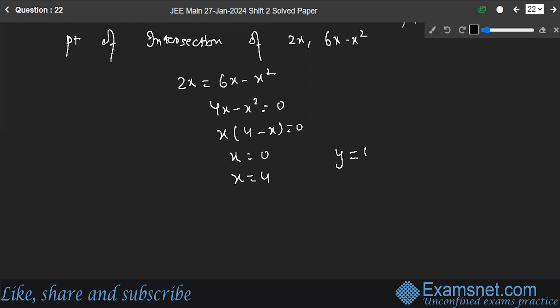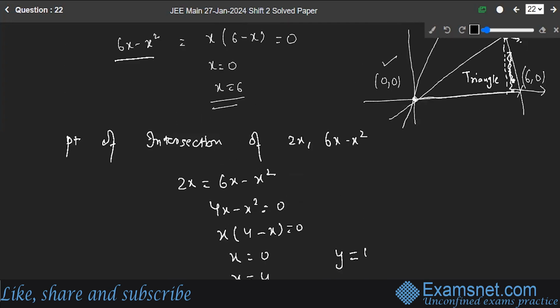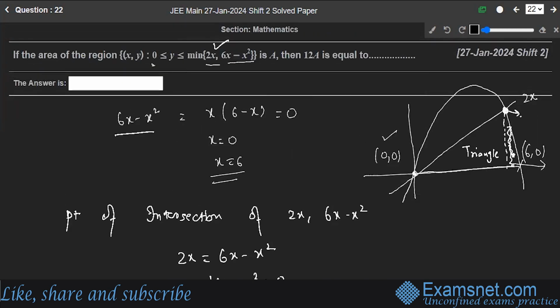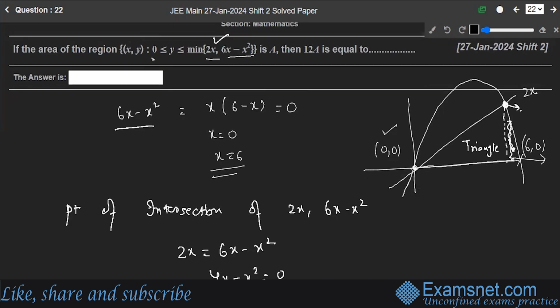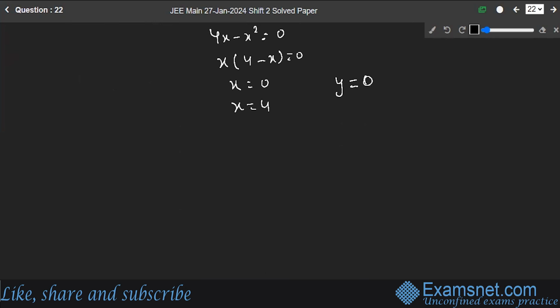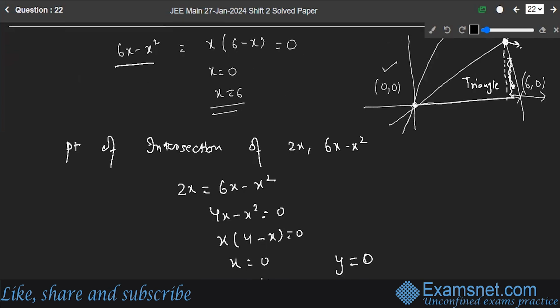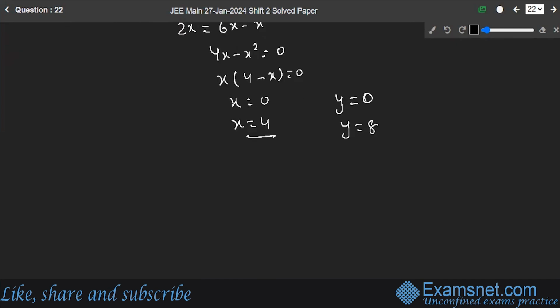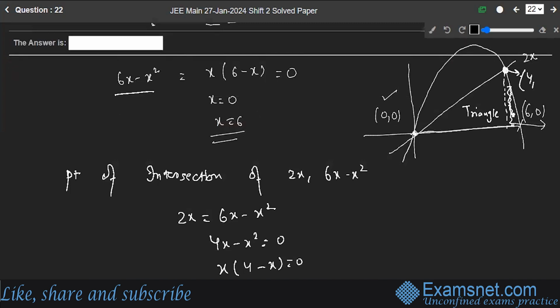For x equal to 0, y will be 0, this is the origin, and for x equal to 4, you will have y equal to 8. So the point of intersection is (4, 8). This particular point is (4, 0).